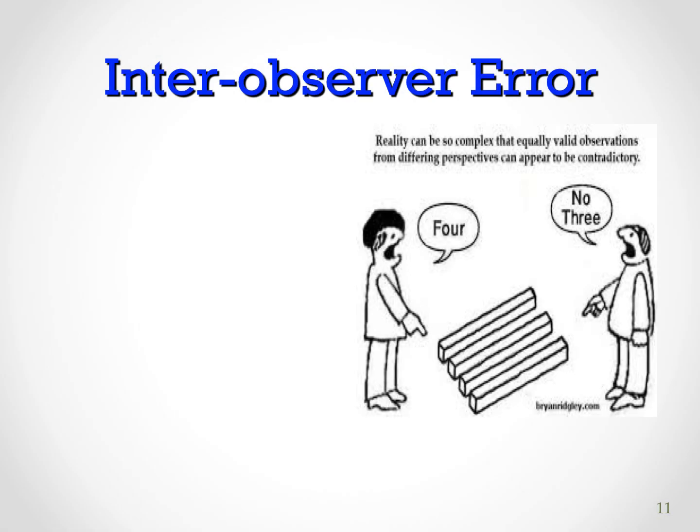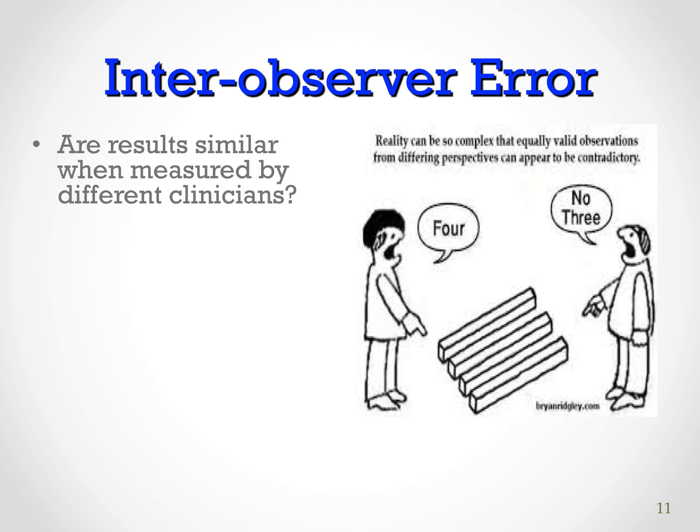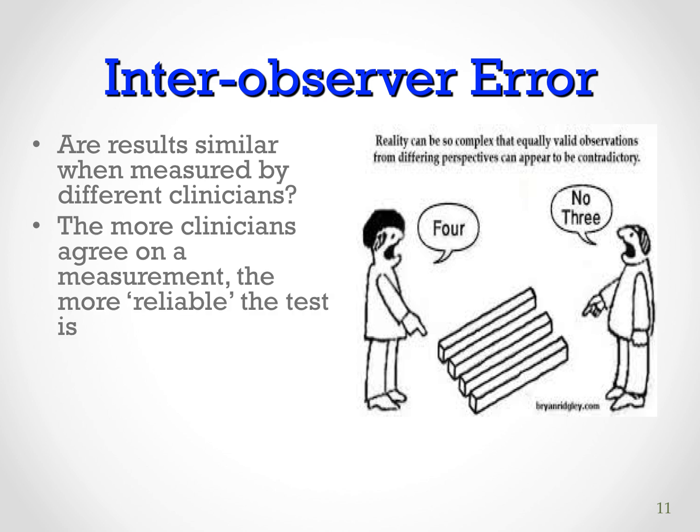The next concept that I'd like to talk to you about is inter-observer error, which is a very important part of diagnostic tests and gives us some information on how reproducible the test is when measured by different clinicians. The more people that agree on a test, the more reliable it is. When you have an objective measurement like serum troponin that is numerical and has clear cutoff values, then there's usually perfect agreement.